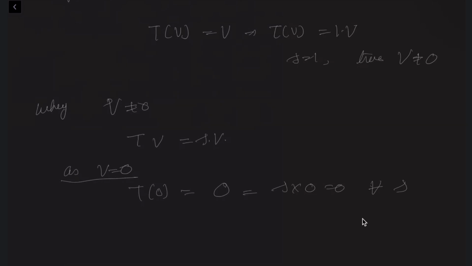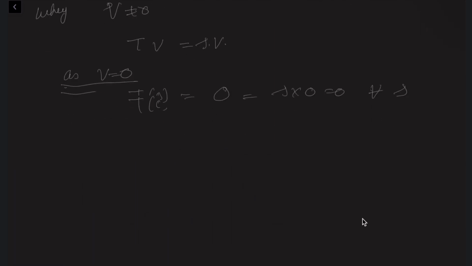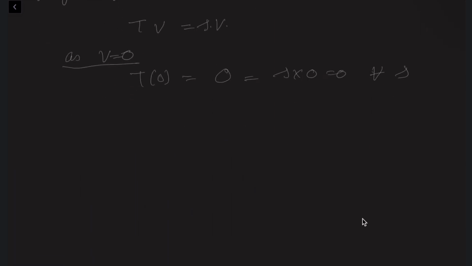Okay, so this is fine. Now let's say one more example, that if my T is an operator from V to V which is not injective. Now what do we mean by not injective? It means that it is not one-one.